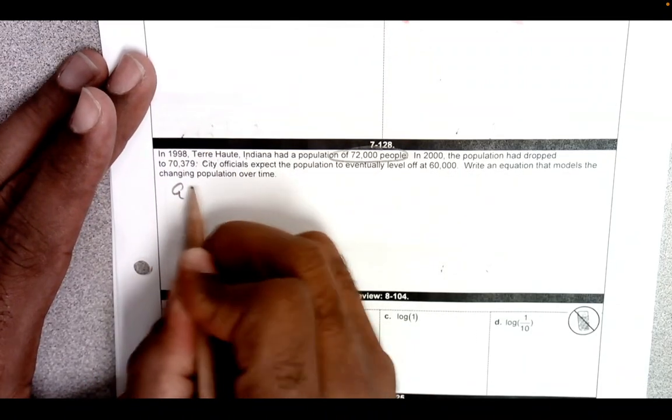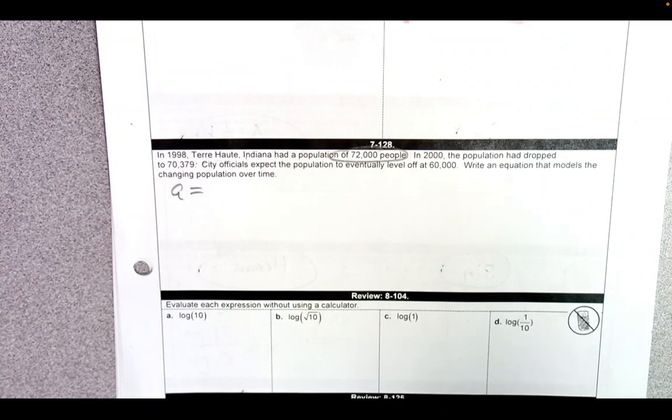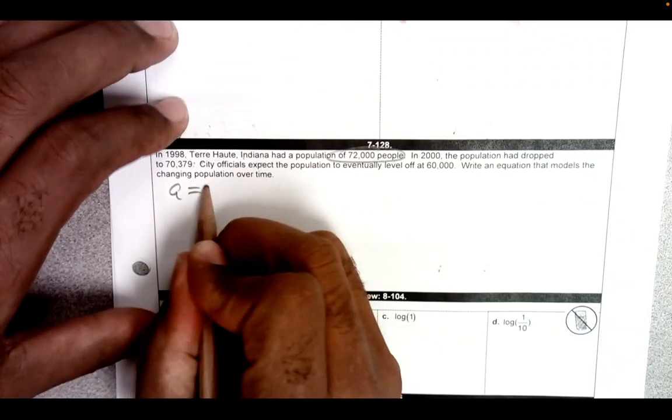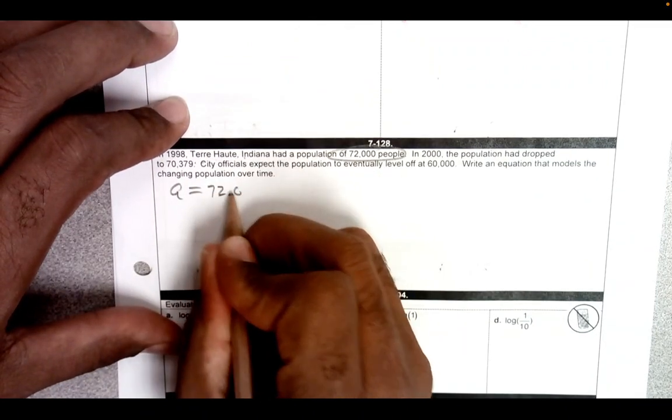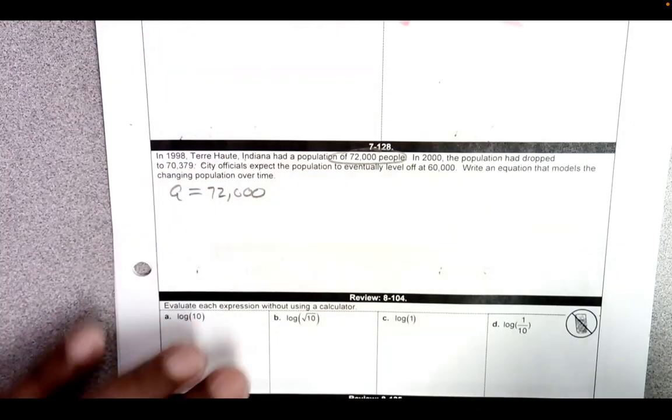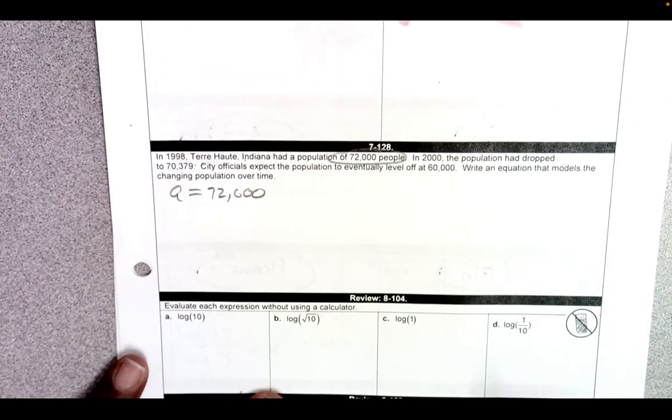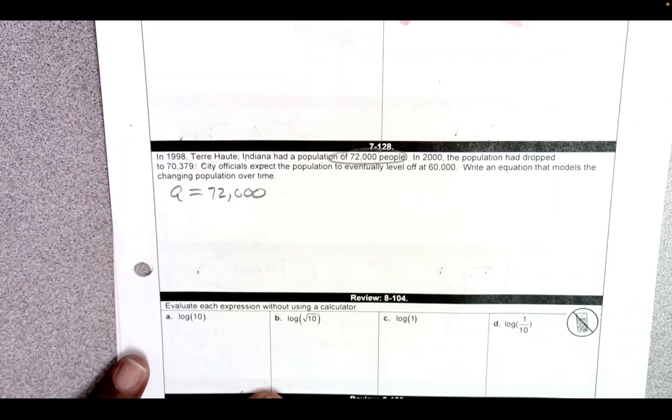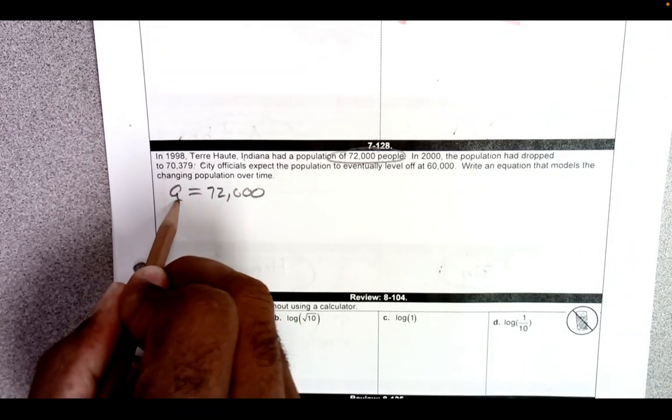Okay, do we have an A value? Do we have something we're starting with? So there's our start, 72,000. That's what it is later, though, because in 2 years later, it's that number. But remember, this is what you start with, the A value.